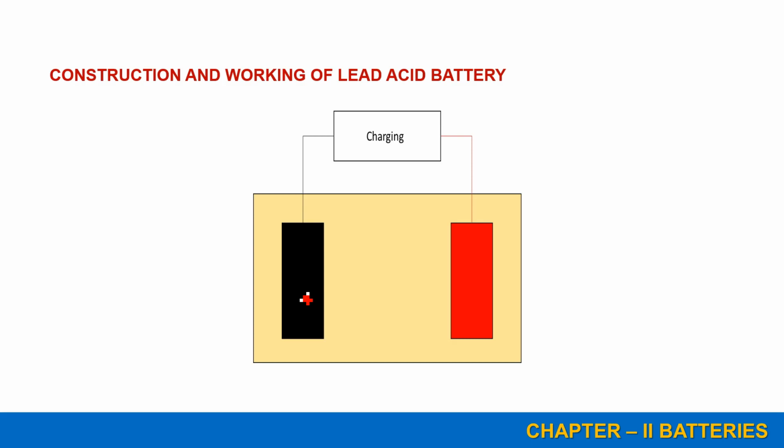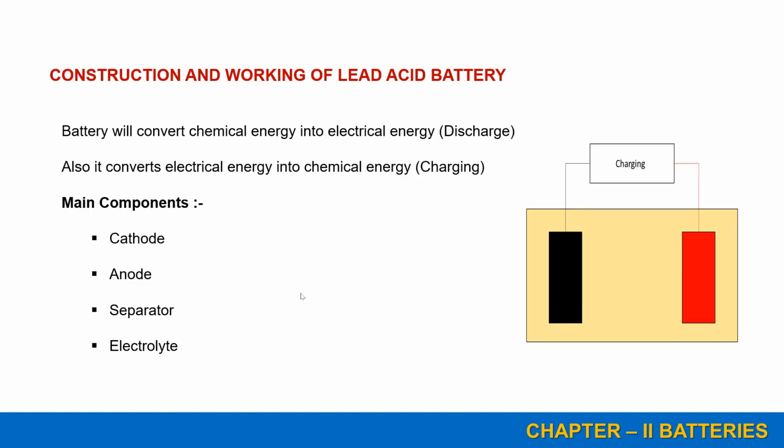Now we will move to the main components of the lead acid battery. See here, this is the diagram you are having. I drew this diagram for the charging condition. Here the outer layer is the container. A plastic container is available to absorb the shock and vibration so that the chemical reaction will not be affected.